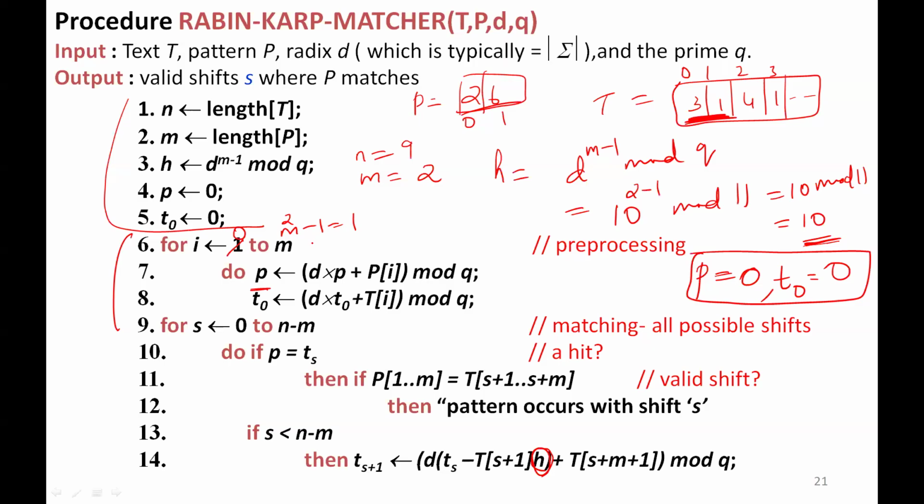Only the text hash values keep changing. So how do you find the hash value? You have to use a loop. You can see there is no relation between these two, so we can complete one of them and then do the second one. So let us see how it works. It is D into P plus PI mod Q. So it will look something like this.